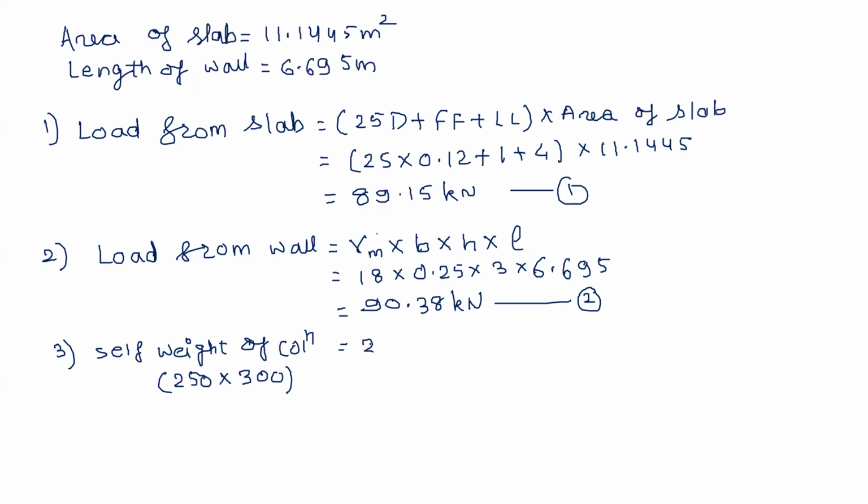Then we have 25 into B into D into H, that is height of column. So 25, B is 0.25, D is 0.3, and H is 3. If we calculate, we get 5.625 kilonewtons.